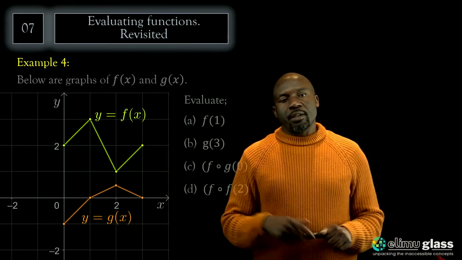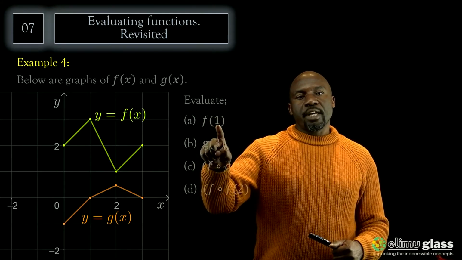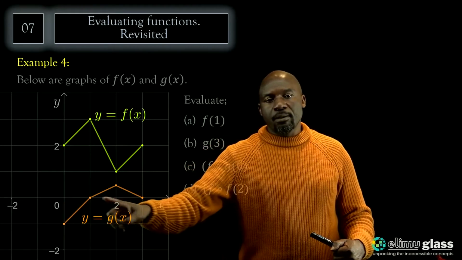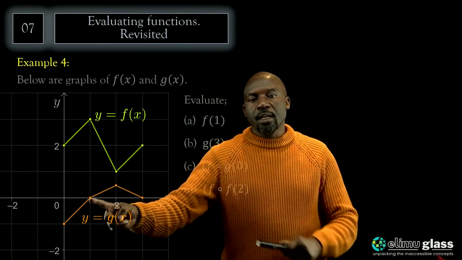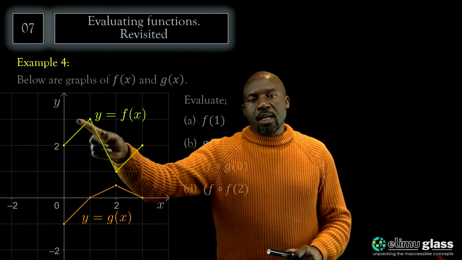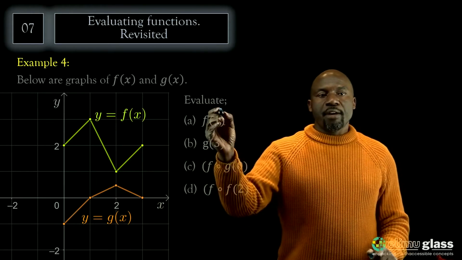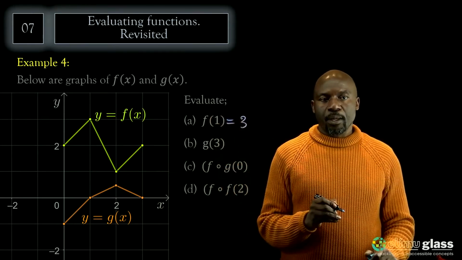So for f of 1, the value of x is 1. So we go to the x value of 1, all right? And we read against f because we are looking for f of 1. So we read against the green one, and we can see that f of 1 is 3. So f of 1 is 3, okay?